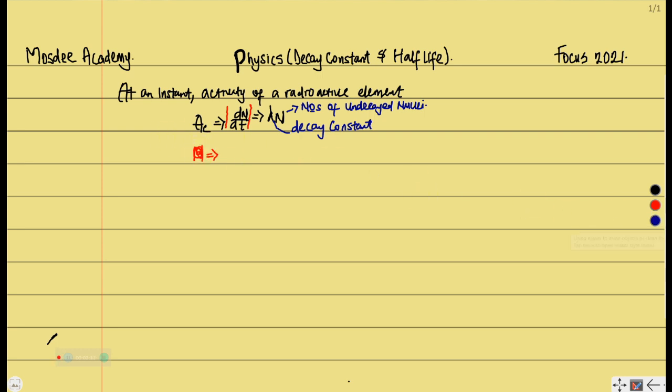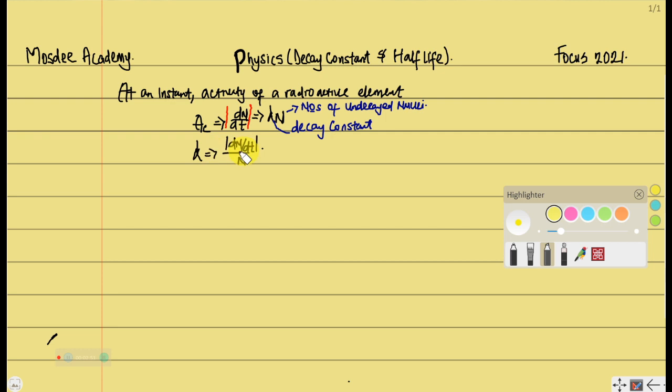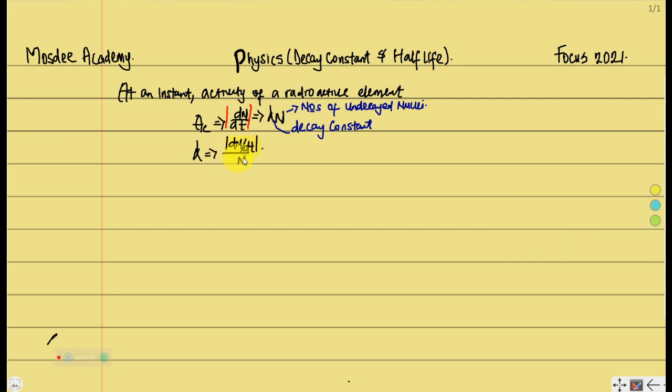If we make lambda the subject of the formula, we have the constant lambda equal to the absolute value of dN by dt divided by N. So this is the definition we give to the decay constant of a radioactive element.